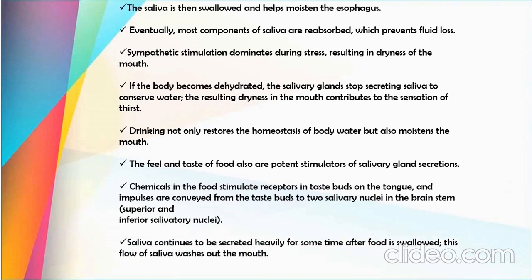Saliva is secreted heavily for some time after food is swallowed. This flow of saliva washes out the mouth, and the smell, sight, sound or thought of food may also stimulate the secretion of saliva.